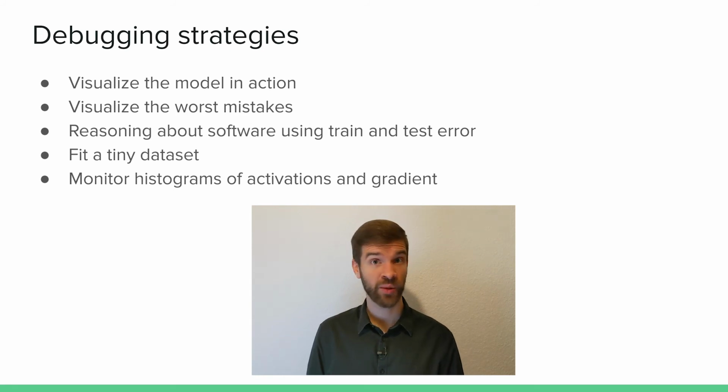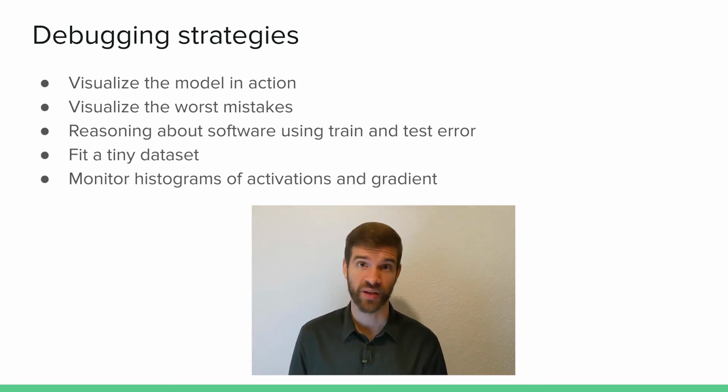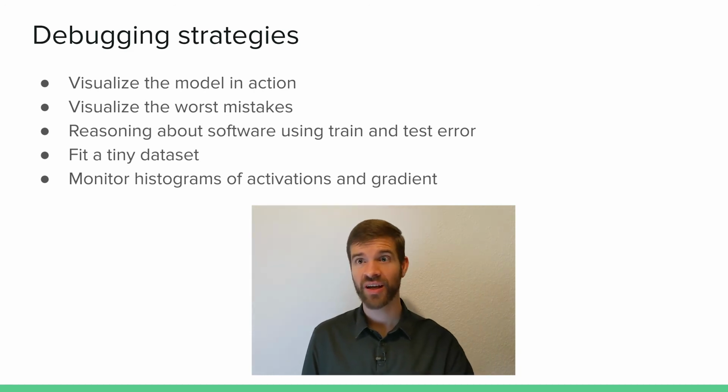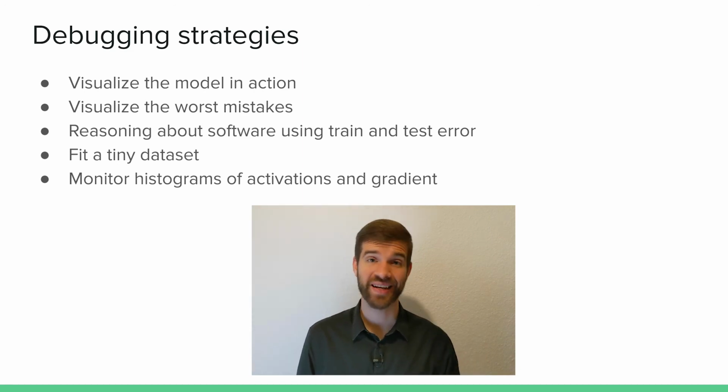What can also be very helpful is if you visualize the worst mistakes that the network makes. So if you have a classifier, please create a directory and give me all the samples that were misclassified. I had one example where I was training a neural network to do classification on manually annotated data, and it turned out all of the error cases that the network produced were actually human annotator errors.